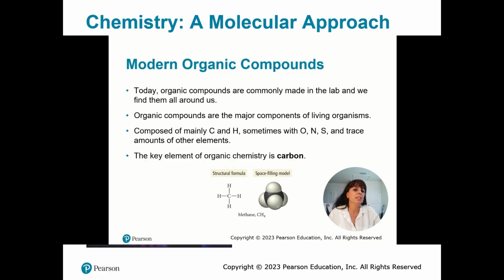Plus oxygen, nitrogen, sulfur, and trace amounts of other elements. The key element of organic chemistry is carbon. That is the star of organic chemistry. And most of the medications that we take are organic compounds, okay?